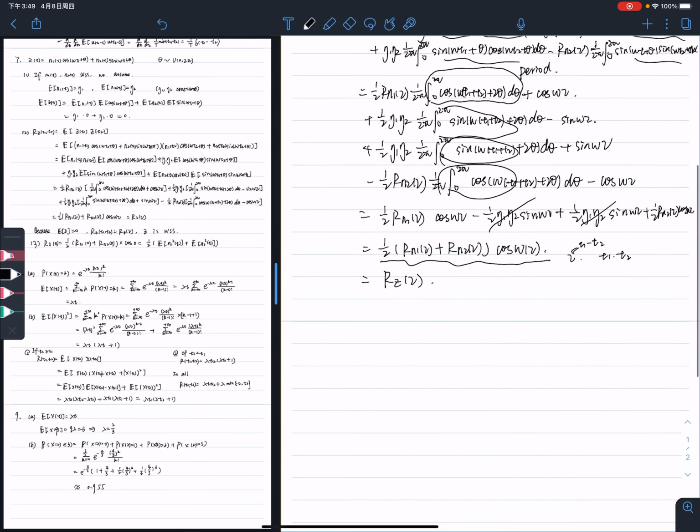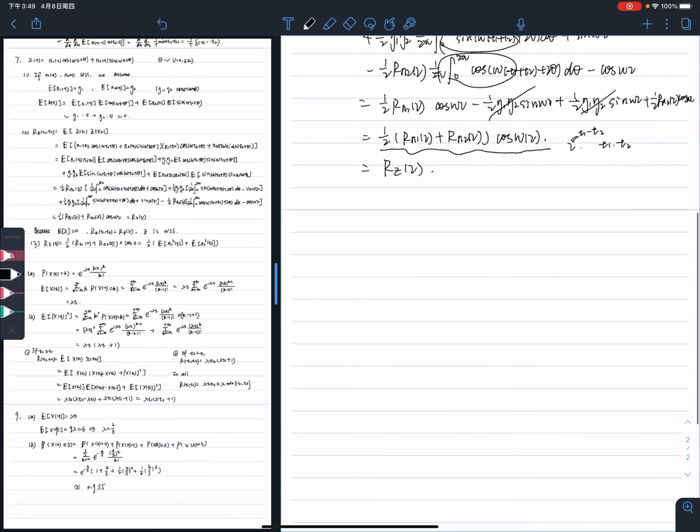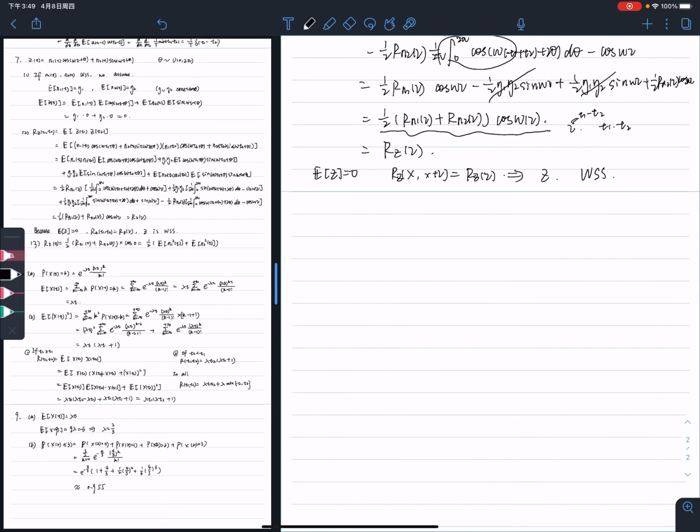From the proof in the previous part, we know that the expectation of Z is equal to 0, and the correlation of Z(t) and Z(t + τ) is R_Z(τ). Therefore, this should be a WSS process. We have already proved the first two problems.